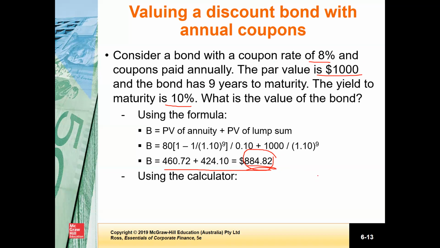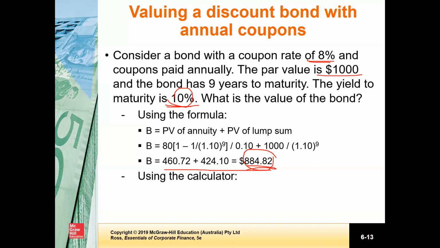Now, this is obviously less than the face value. Okay, and this is less than the face value because the yield to maturity is higher than the coupon rate. So don't forget that coupon rate is the stated rate. That means the bond pays an interest rate of 8%. However, your required rate of return is 10%.